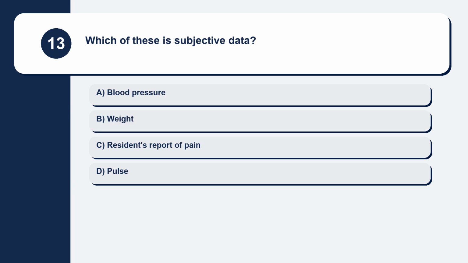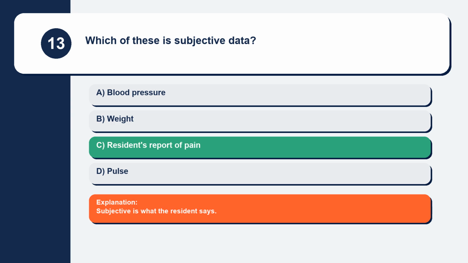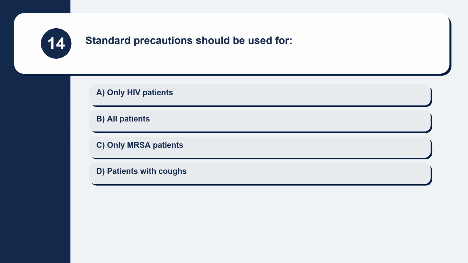Question 13. Which of these is subjective data? Blood pressure, weight, resident's report of pain, pulse. Subjective is what the resident says. Question 14. Standard precautions should be used for only HIV patients, all patients, only MRSA patients, patients with coughs.